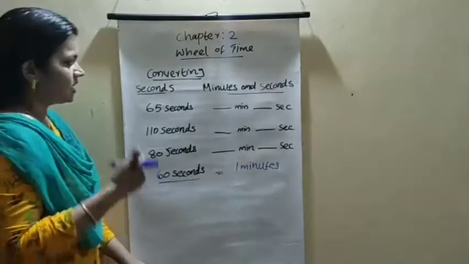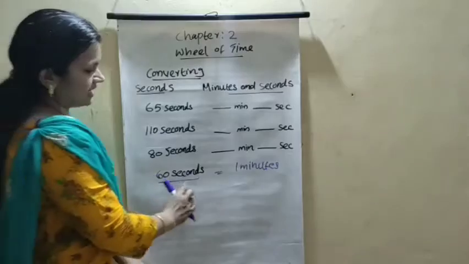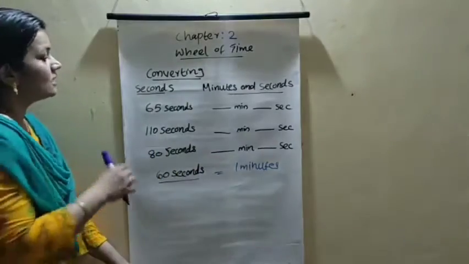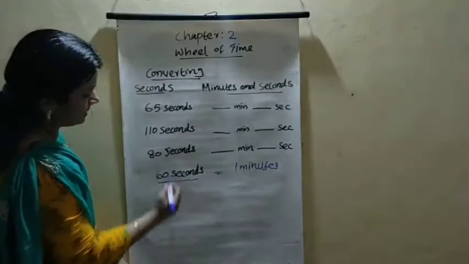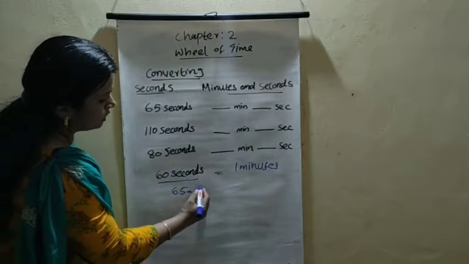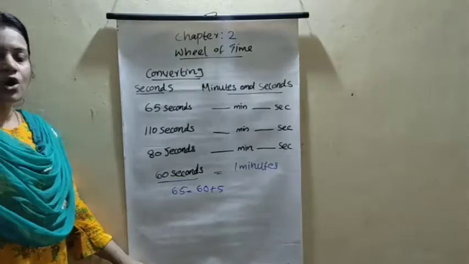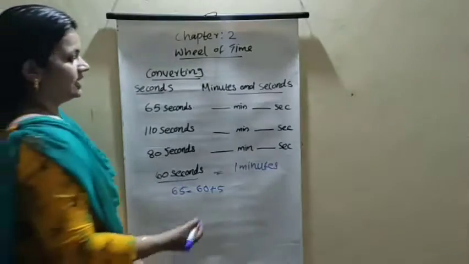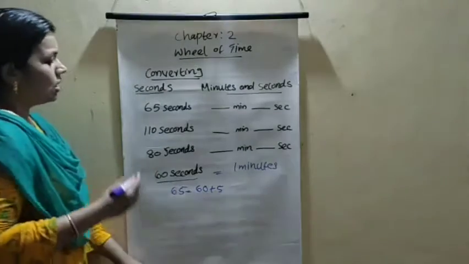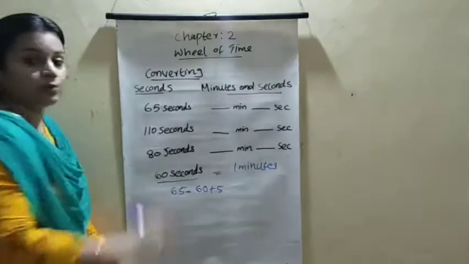How to split it? We already know that 60 seconds equal to 1 minute. Then we split this number 65 equal to 60 plus 5. Or you can subtract 60 from the given number.